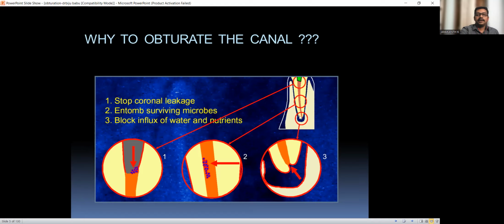Ideally, it must be capable of providing a barrier for any influx of water or nutrients at the apical portion of the root canal also. So these are the main reasons for obturating root canals.